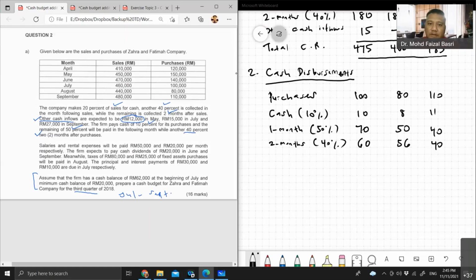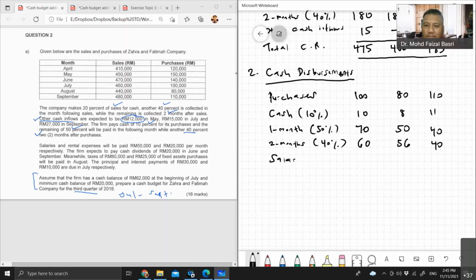Anyway, next, moving on, after purchases, the payment of purchases, and the rest of information, since we already checked, there's no more income, there's no more inflows, meaning the rest would be expenses. So we have to record them in the cash disbursement. For example, we have salaries and rental. In this case, rental is also separate information.